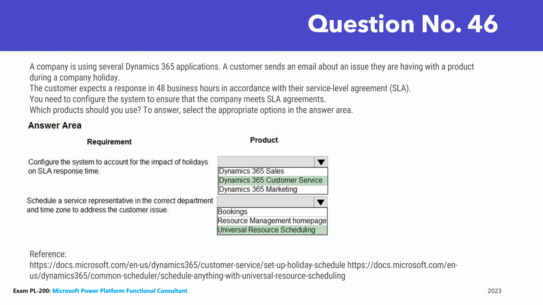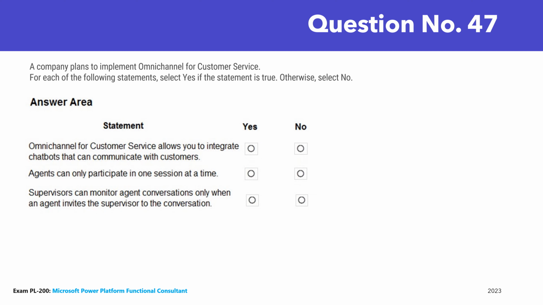Requirement: configure the system to account for the impact of holidays on SLA response time. Product: Dynamics 365 Customer Service. Requirement: schedule a service representative in the correct department and time zone to address the customer issue. Product: Universal Resource Scheduling.